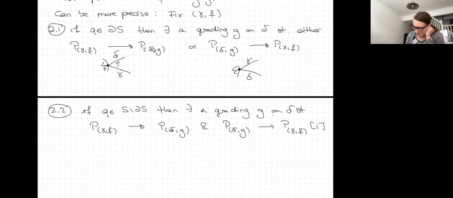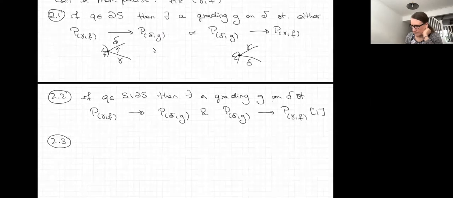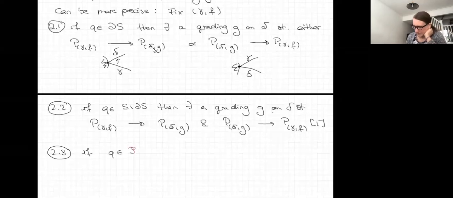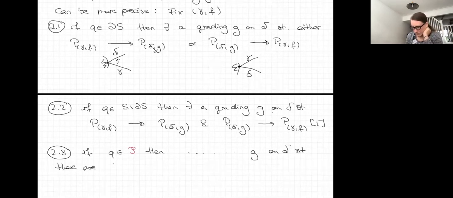And then if we have an intersection at a puncture, so what does it mean, an intersection at the puncture? That means that the curves wrap around in the clockwise orientation along this puncture, and they approach it asymptotically. And then we get an infinite family of maps. So if Q is in the puncture, then there exists a grading G on delta such that there are two infinite families of maps.